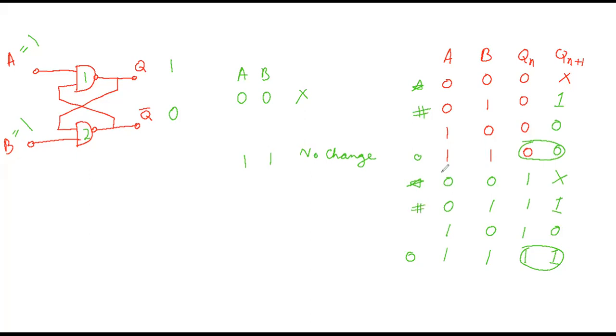For these two cases, if I apply 0 at A, the output has changed from 0 to 1. You see what I'm telling you? If I apply a 0, the output has become 0 to 1.